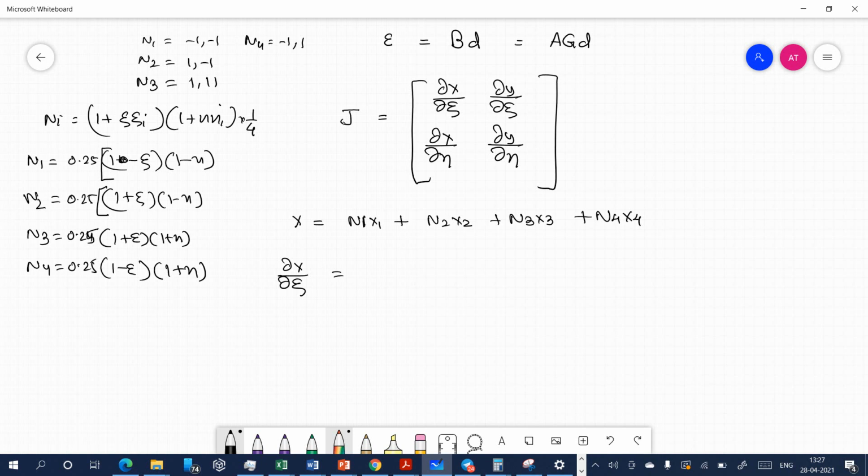So 1 by 4 I can take common, 1 by 4 will be everywhere. Then I have 1 minus zeta into 1 minus eta into x1, right?